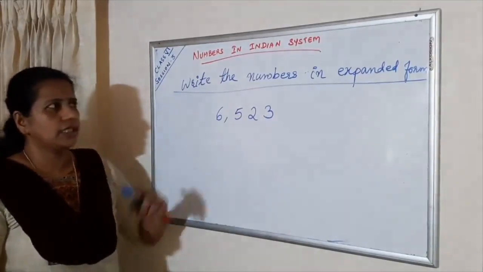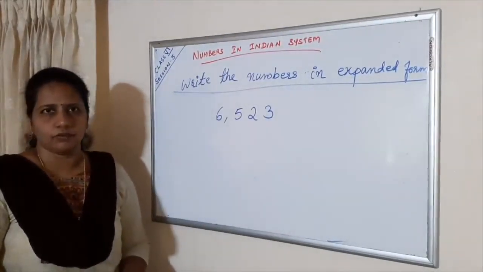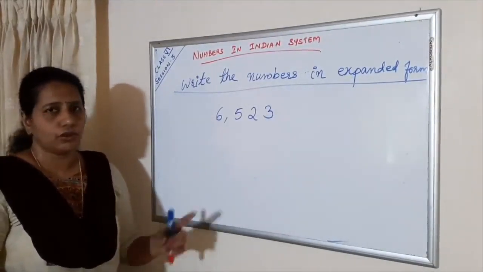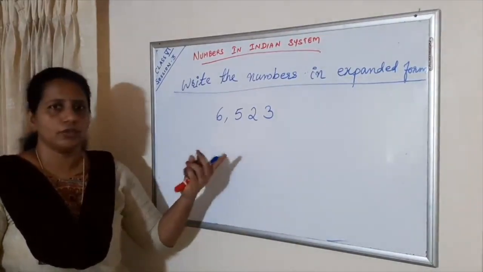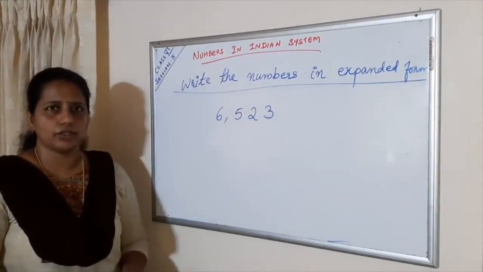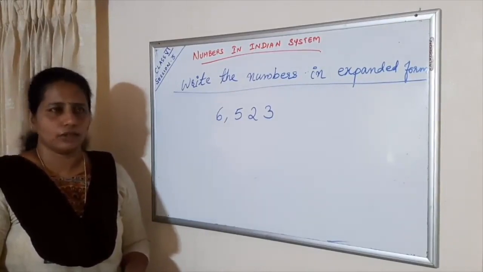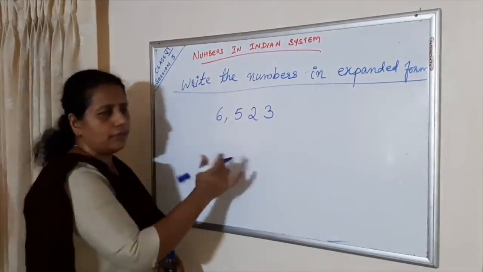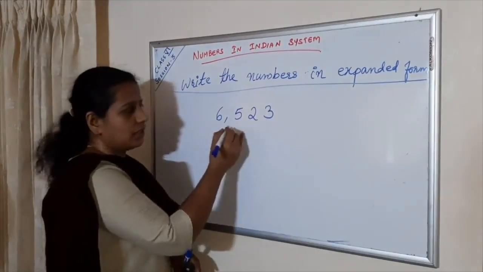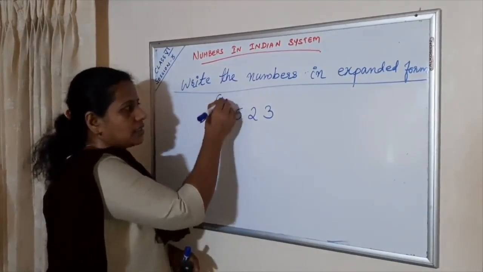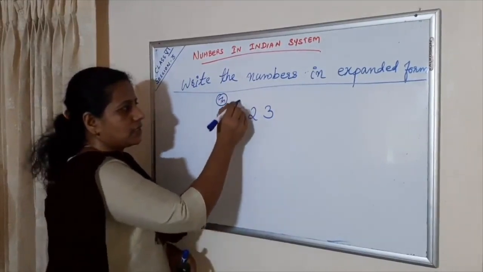Next one, write the numbers in expanded form. This also you know. For the smaller number 523, you can write it as 5 into 100 plus 2 into 10 plus 3. That you have already studied. The next one: ones, tens, hundreds, thousands. 6 is in the thousands place and this one is in the hundreds place.